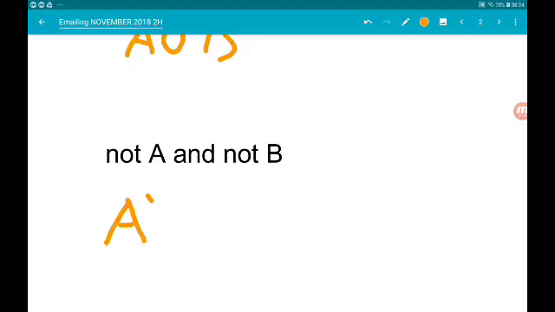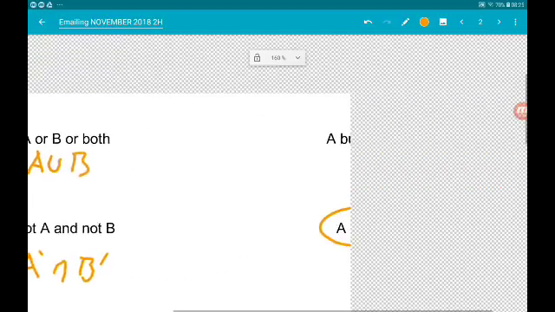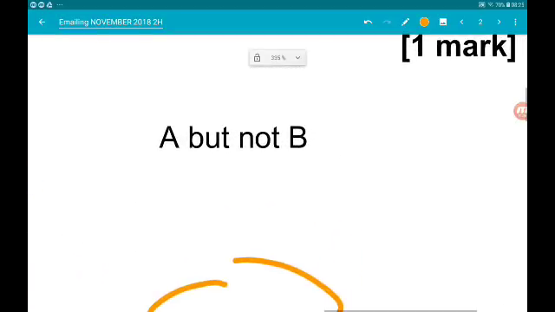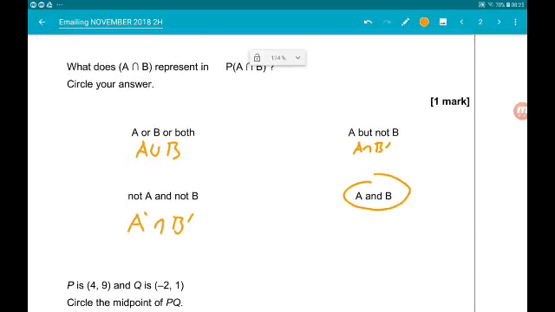So if we want and not B, we write it like that. And A but not B means A and not B. So that's A intersection B dash. Bonus information never hurt anyone.